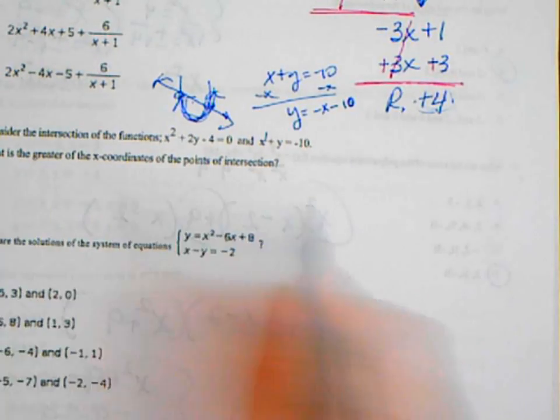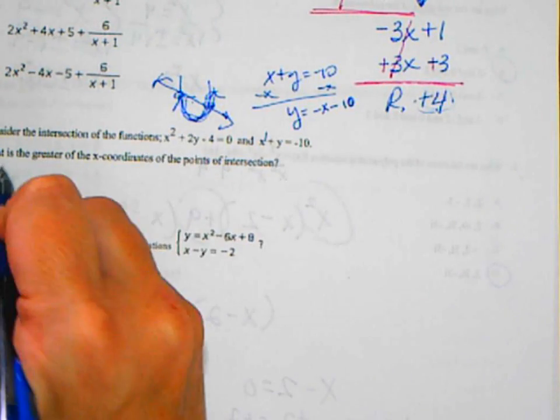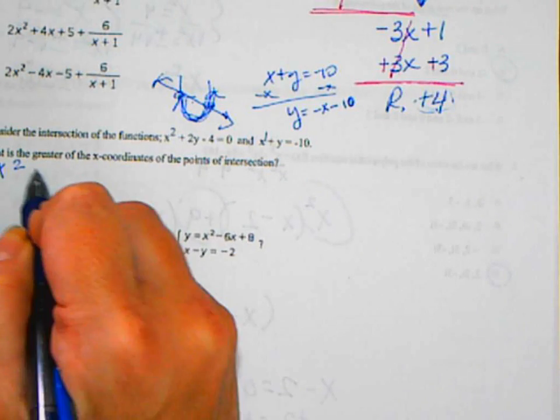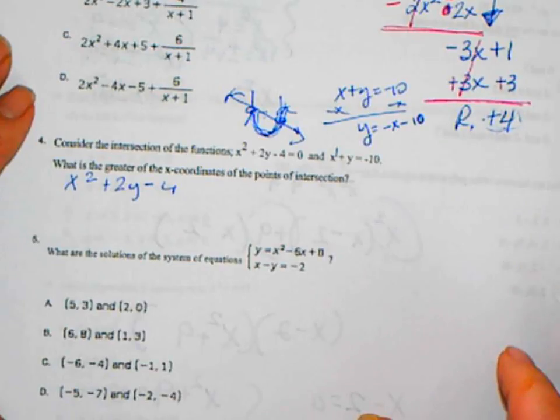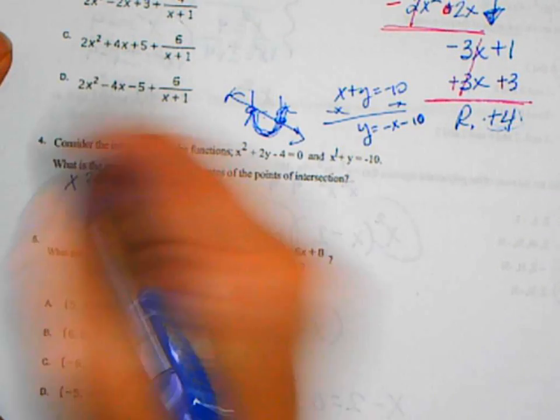I'm going to do this here and then I'll do more work over here. So let me take x squared plus 2y minus 4 equals 0. I'm going to isolate the y.